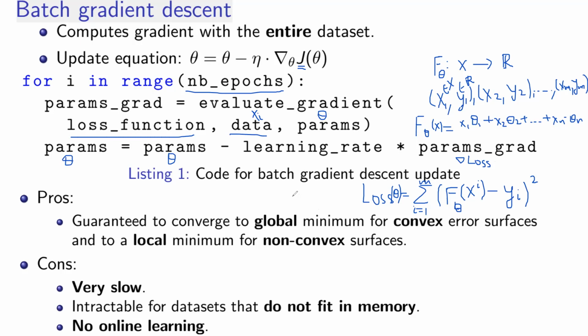However, even though this method is guaranteed to reach some local minimum for a nonlinear function or the global minimum for a convex function, it is very slow. Why is it slow? Because, as I told you, m can be large. Let's say that we come up with an idea to estimate the grades of some students.